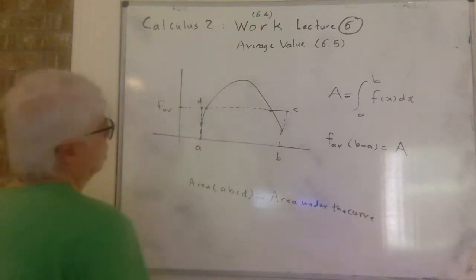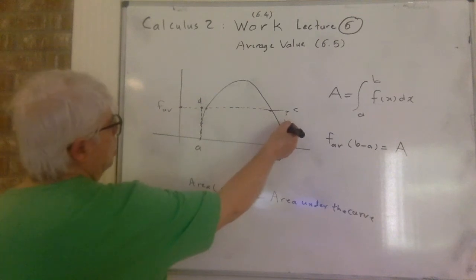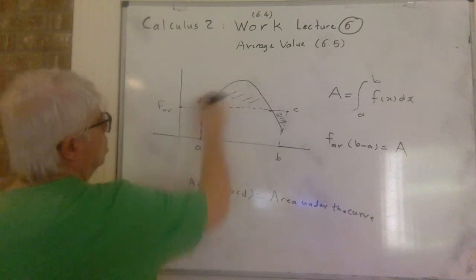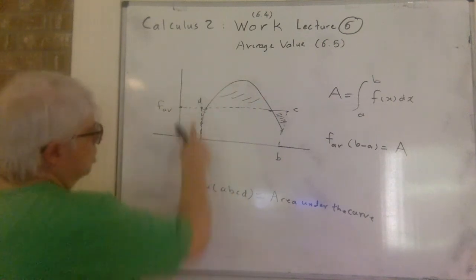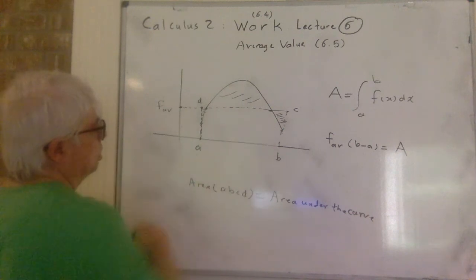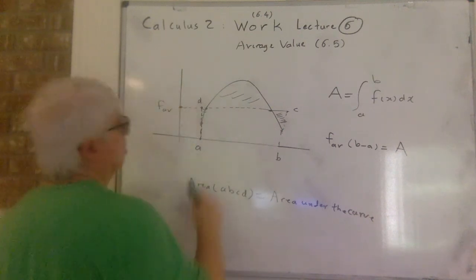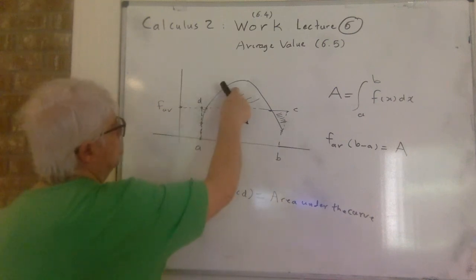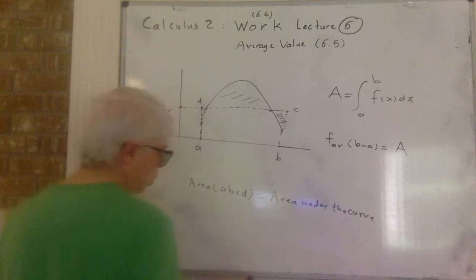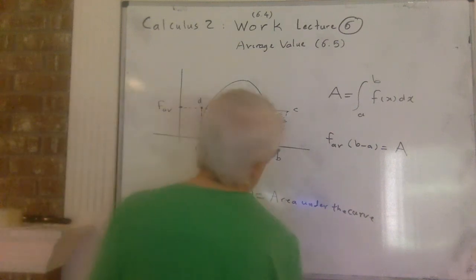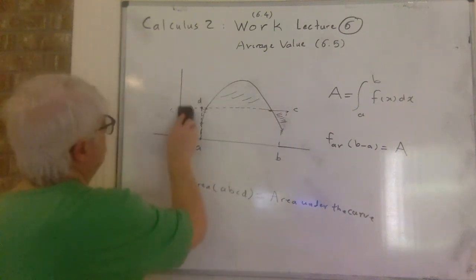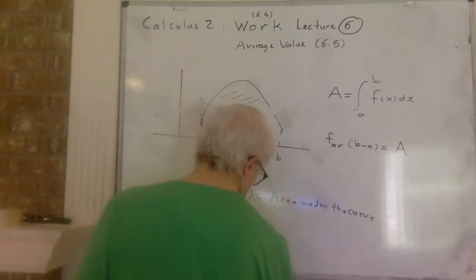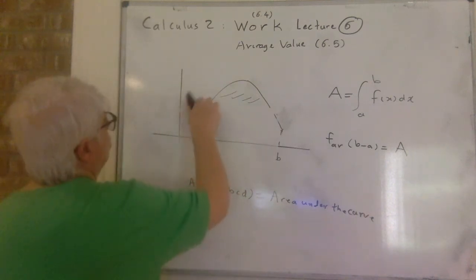Well, that definitely is not the average value, because then this shaded area and this shaded area should be the same, right? Because this area is shared between both of them. So it remains this one, and here this one and this one. So I guess this is not a good position for this average value. It should be a little higher than this. So let's move it higher.